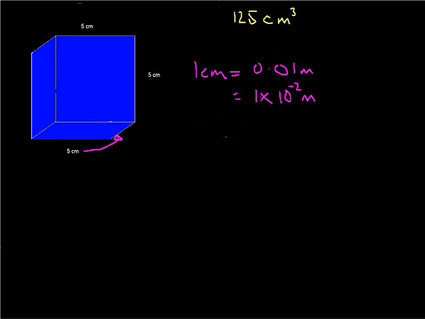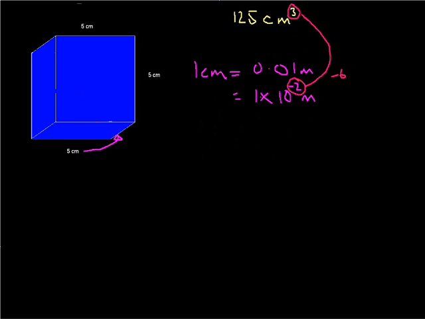So we've got 125. Sorry, we need to convert centimeters to meters cubed, don't we? My mistake, sorry. So what's the conversion factor here? We're cubing, aren't we? We're cubing the minus 2. You take them together. What's that give us? That gives us a minus 6, doesn't it? Okay.